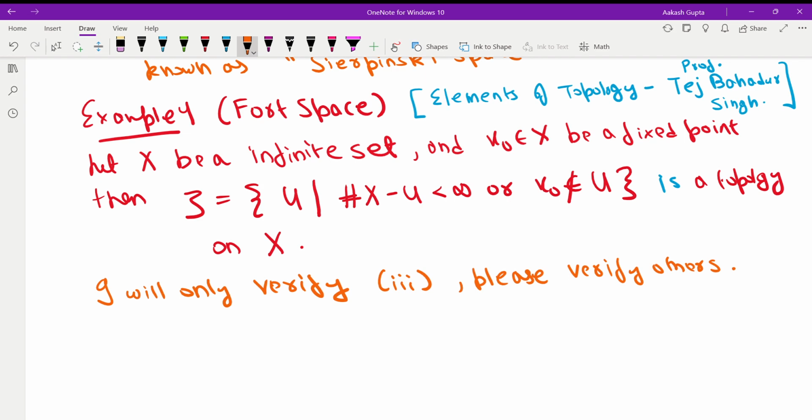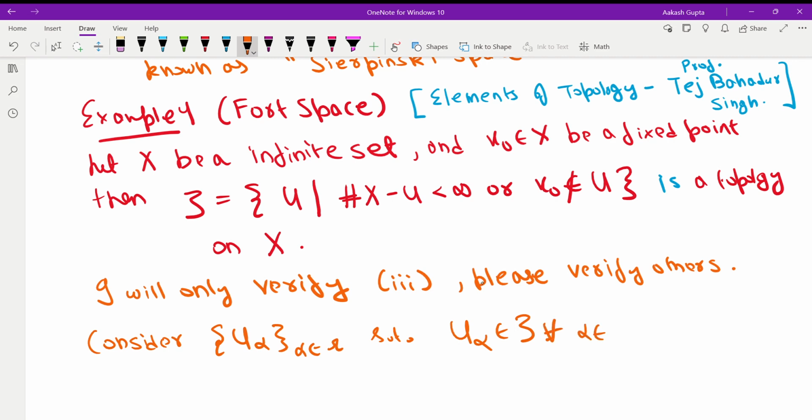Okay, so what we have to do? We have to take a family of subsets in tau. So consider U alpha, alpha in omega, such that, of course, these are in tau for every alpha in omega.